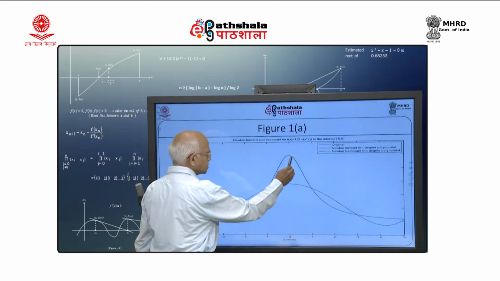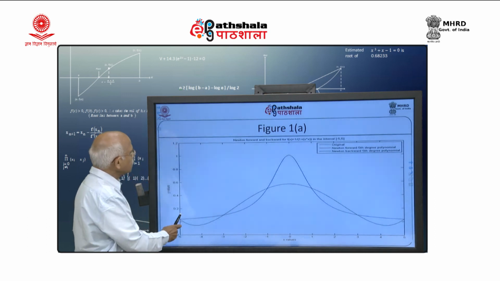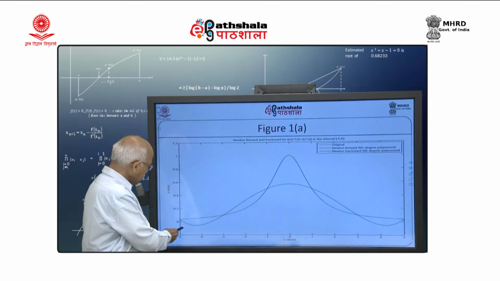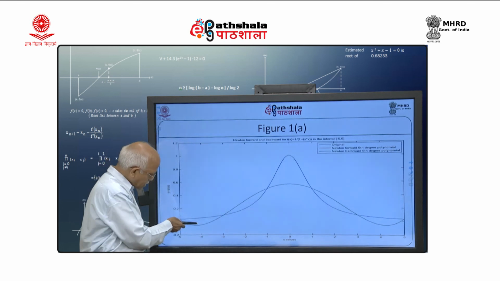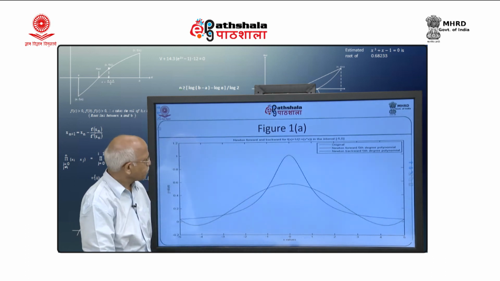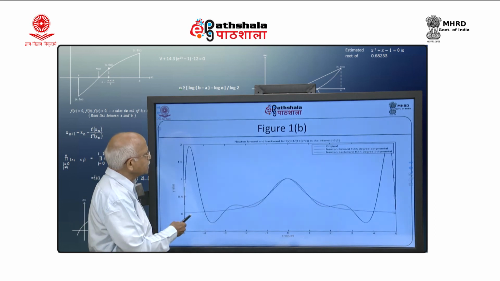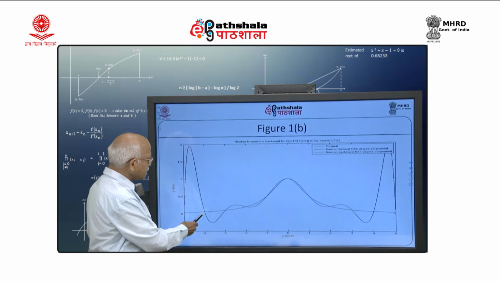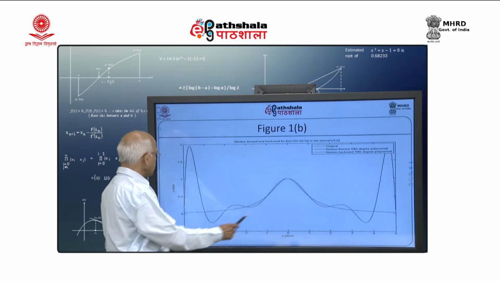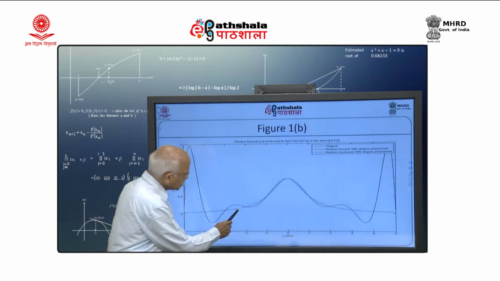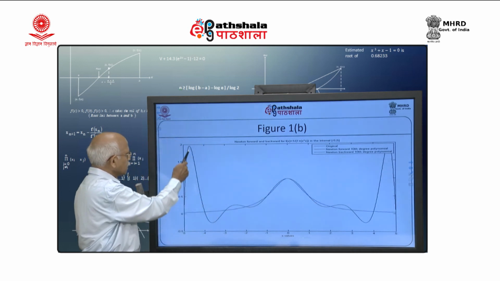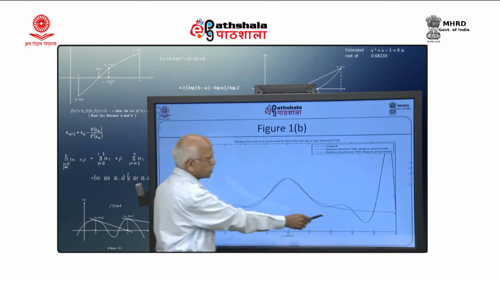So, the original function starts like this. You can see here this goes like this, and if it is degree 5, you can see that I am getting a lot of error, everywhere we are getting an error. Similarly, if you now take degree 10, you can see that the original graph is again the same, minus 5 to plus 5 we are considering, but now there is a bit better matching in the central places, whereas the error increases towards the end.